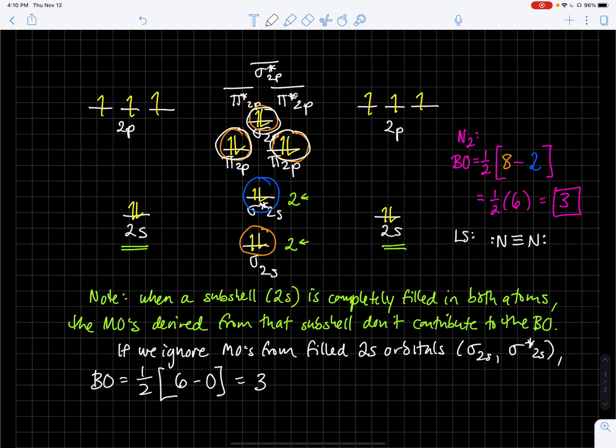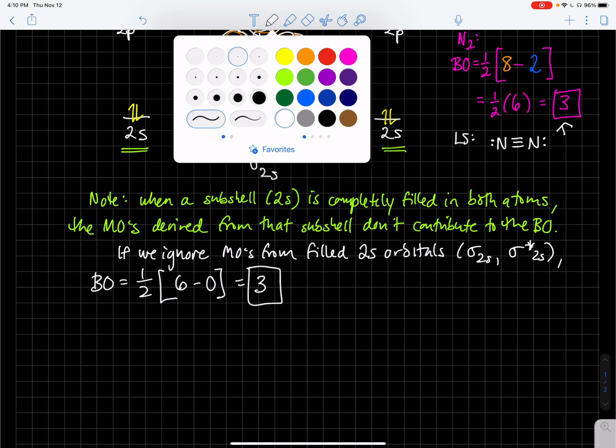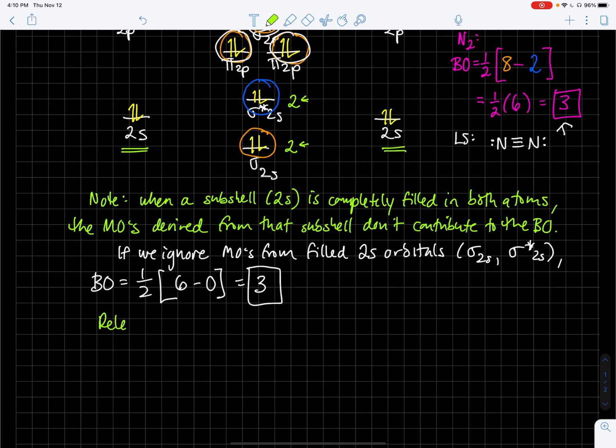And that gives the same number as when we included the 2s orbitals, because the sigma star and the sigma canceled each other out. Why that's relevant is that we can often draw, in fact, your book does this, if the 2s is filled, and so that's any elements in the p block, we typically just draw the 2p section.